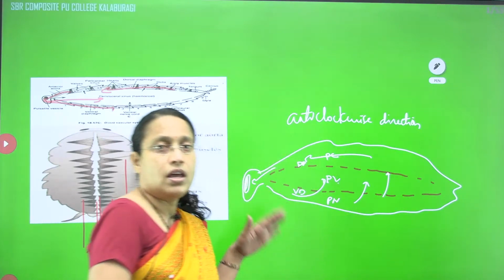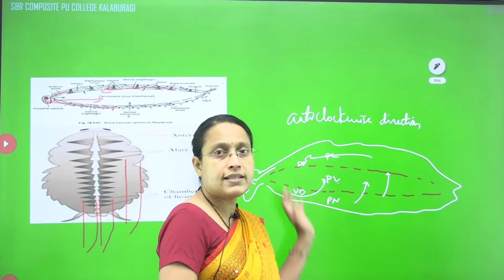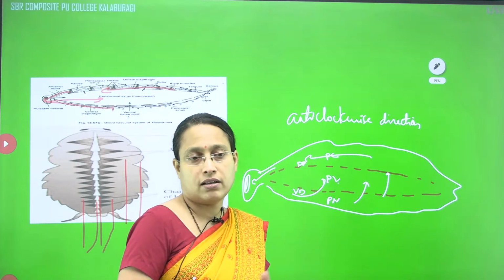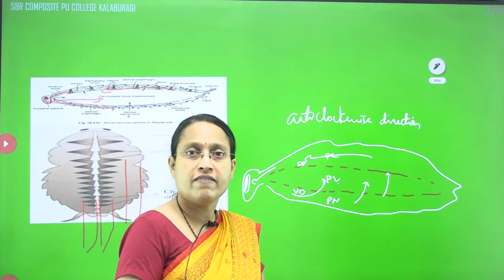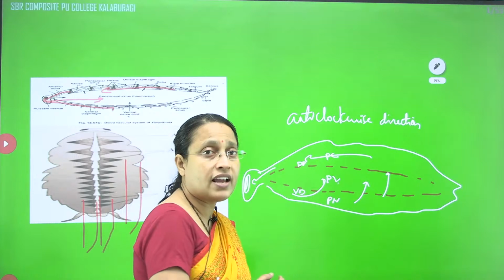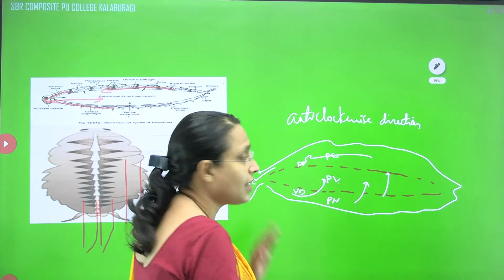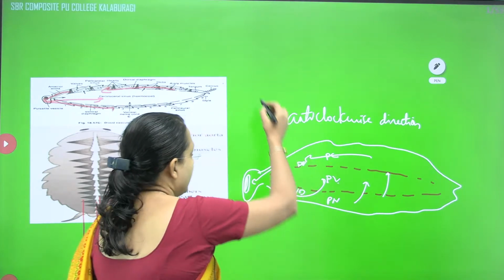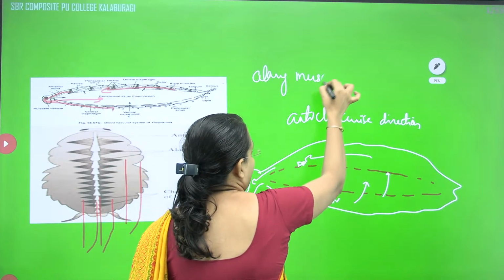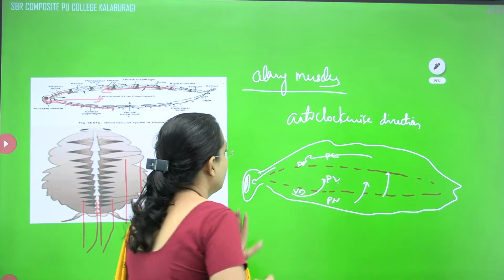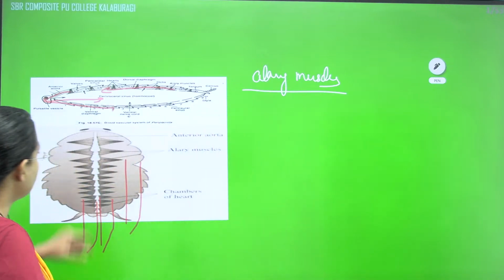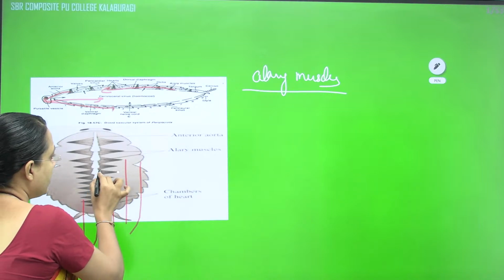Then what drives this blood to flow in only this direction? It depends on the pressure changes and the volume changes, which you have studied according to Boyle's law in physics. So pressure and volume changes occur. Then the structures that drive the pressure and volume changes are the alary muscles. As you can see, they have a pointed end and a broader base.